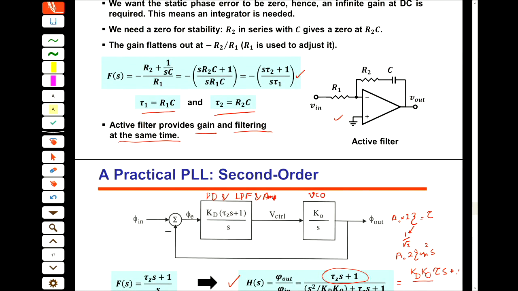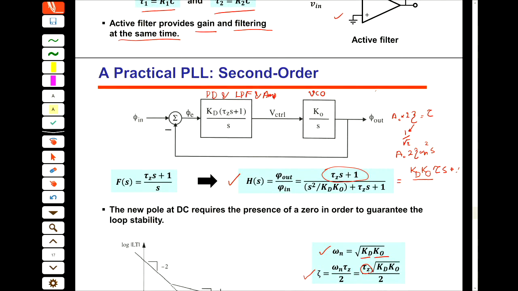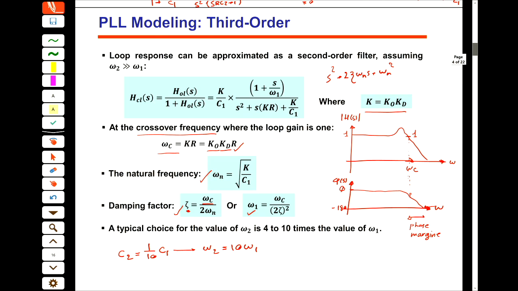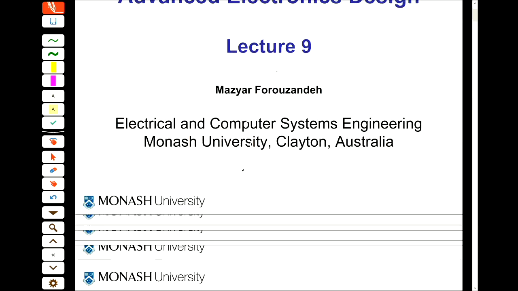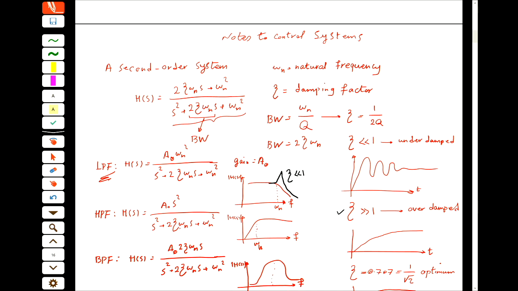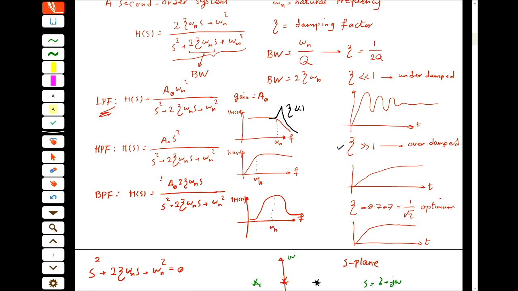Sorry? The gain. The gain is coming from here. Here. So anything that you have in the denominator is the gain.